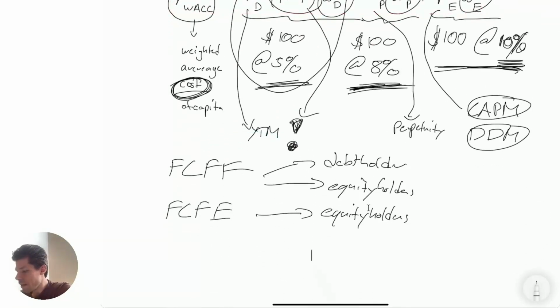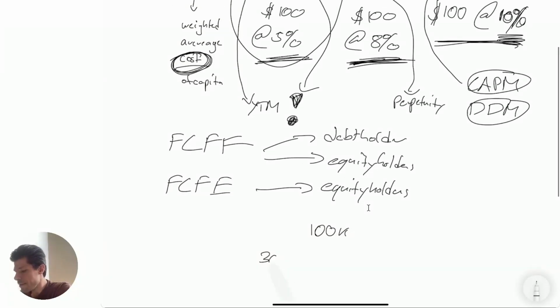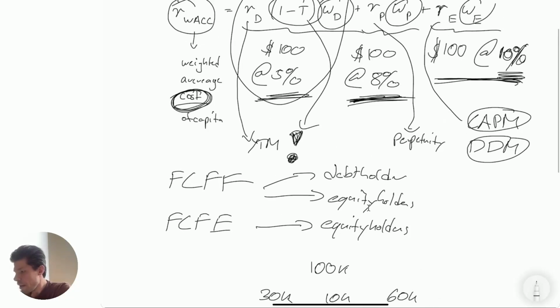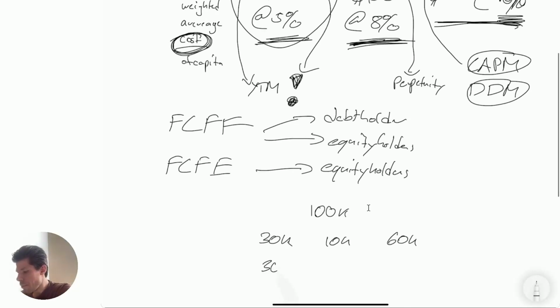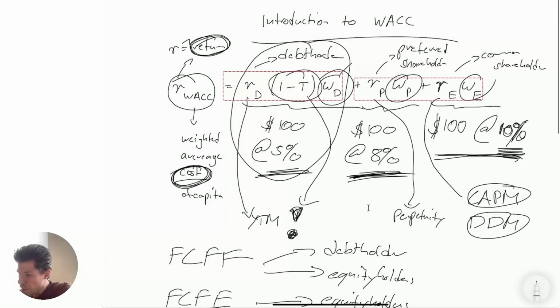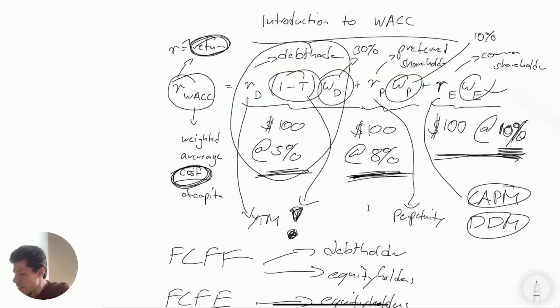If it has 100,000, and then it has 30k debt, 10k preferred, 60k common equity, then you can see the percentages right away: 30%, 10%, 60%. So what you would do is input here 30%, here 10%, and here 60%.